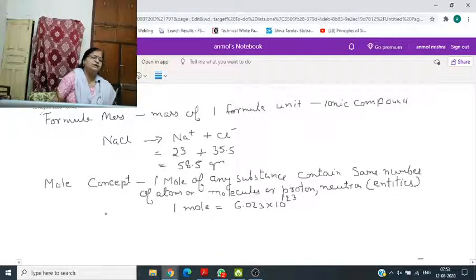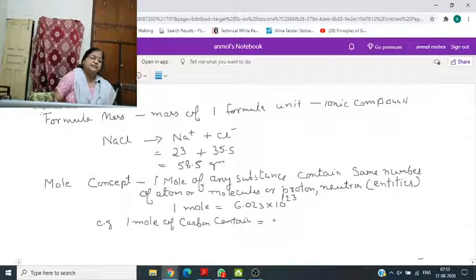I will give you the examples. What does 1 mole of carbon atoms contain?